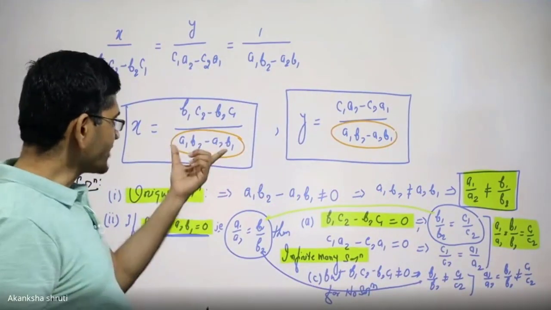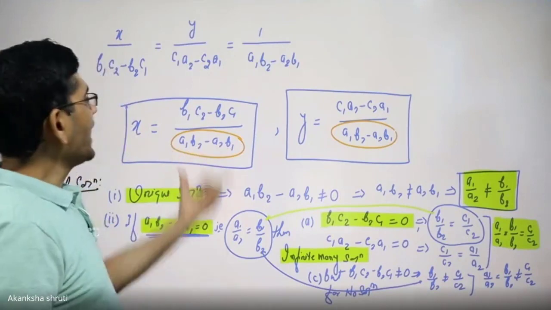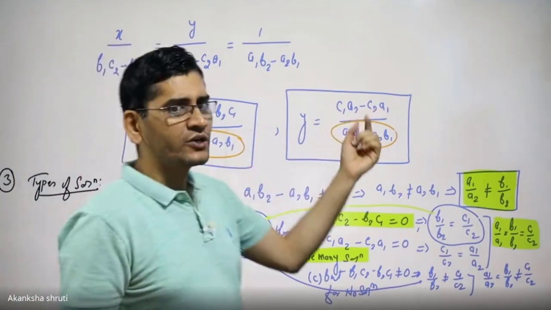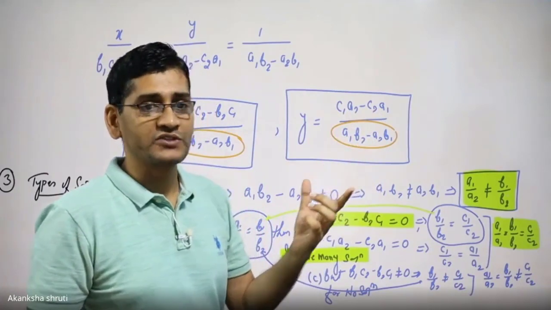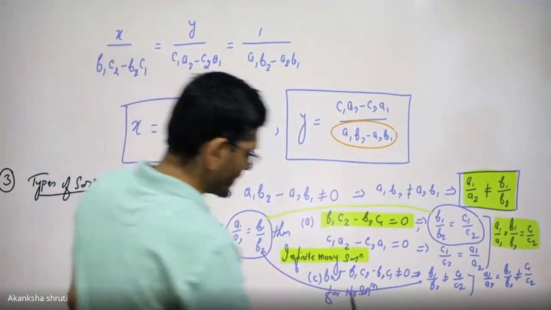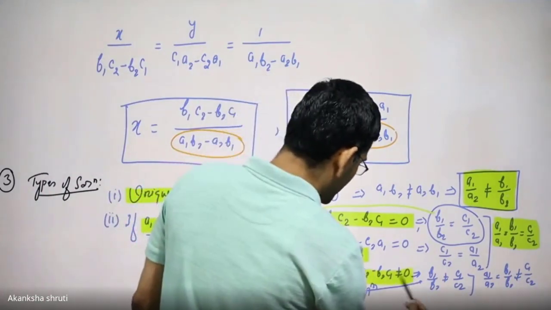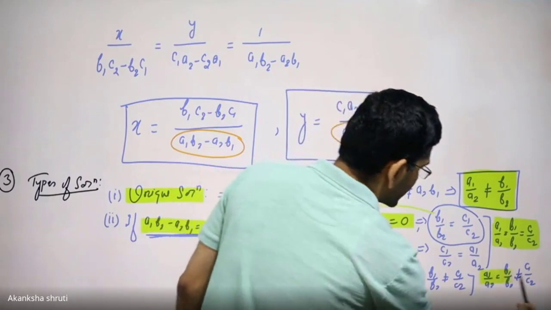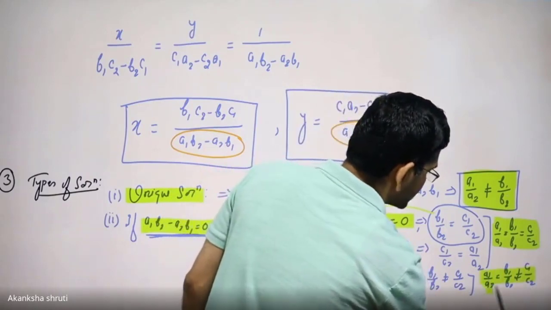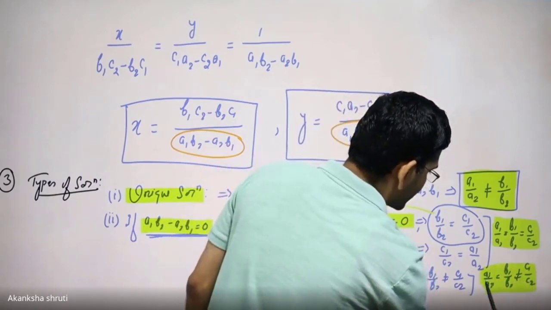But if the denominator is 0 and the numerator is not 0, any number divided by 0 is what? Not possible, or not a real number. So in this case, the numerator is not equal to 0. It is the condition for no solution, as we had learned earlier also.